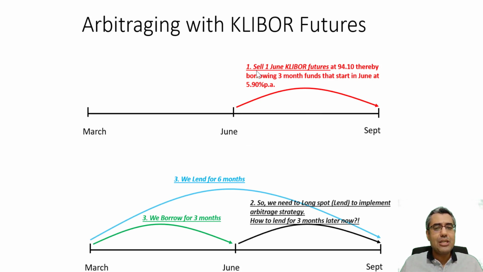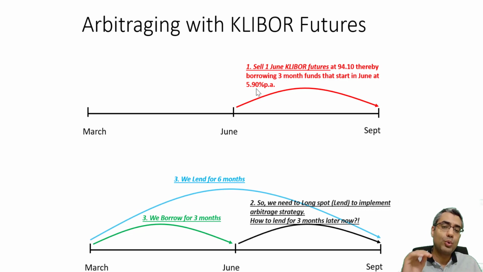Short means you have already borrowed 3-month funds at 5.9%. When you short June KLIBOR futures at 94.10, this means you are borrowing at 5.9%.